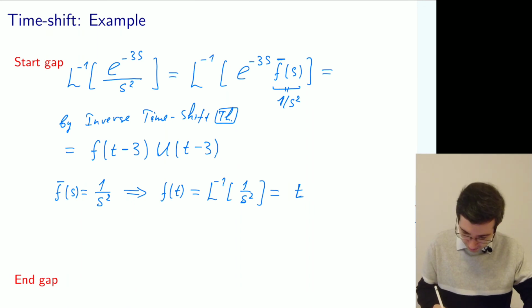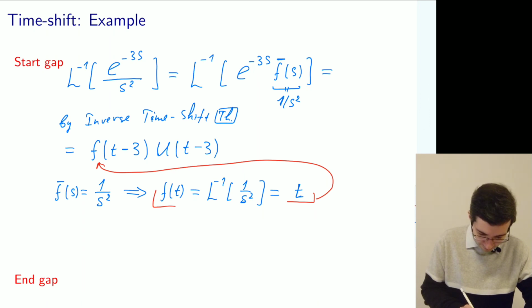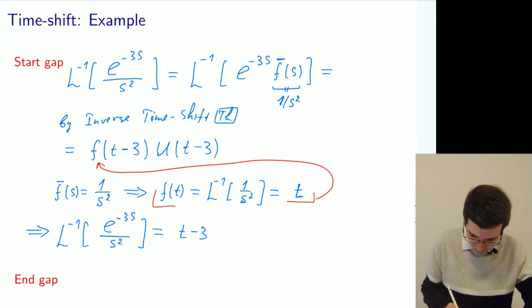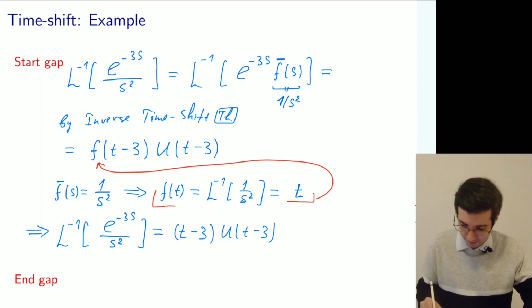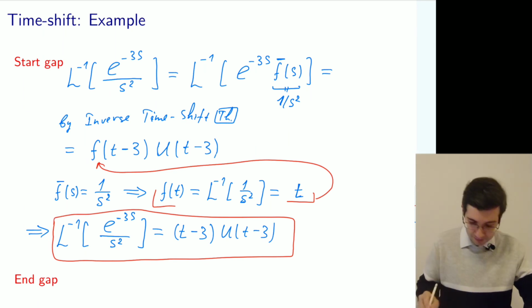And by substituting that function into our theorem, we have that the inverse Laplace transform of this exponential over s squared is just a linear function shifted by 3 times a unit step function also shifted by that amount. And that is the answer to that example.